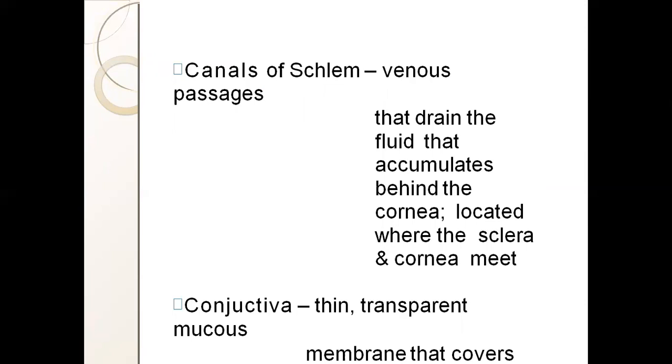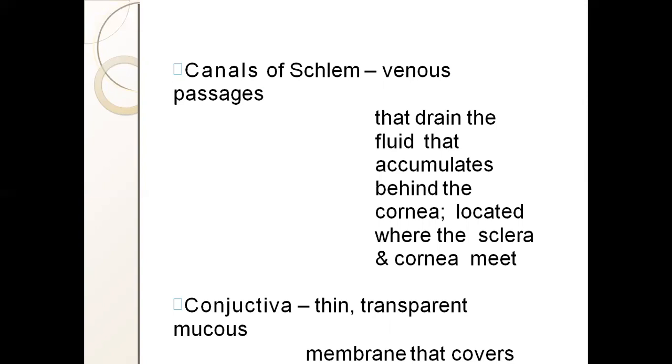This canal of Schlemm is a venous passage, and it drains the fluid that accumulates or is formed behind the cornea. It is located where the sclera and cornea meet.